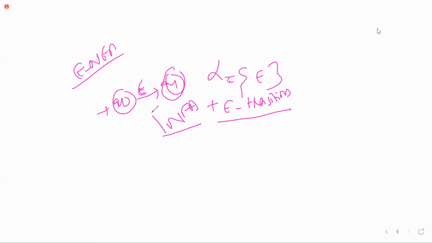This is the only difference between NFA and epsilon NFA. Once again, to differentiate from DFA, tell me, what is the transition function for DFA?